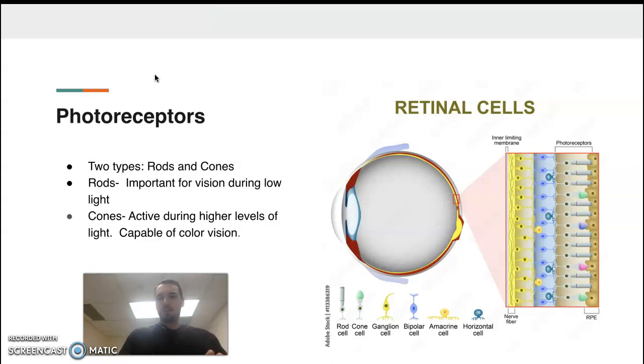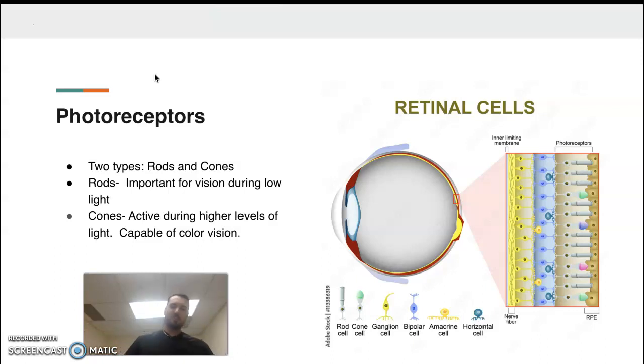If we go from the left side, which is the inner membrane, all the way to the right, we start with nerve fiber, which connects to the ganglion, which has the ganglion cells, which connect to the bipolar cells, which then leads to the back, which are the photoreceptors.